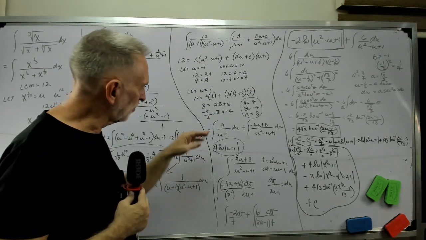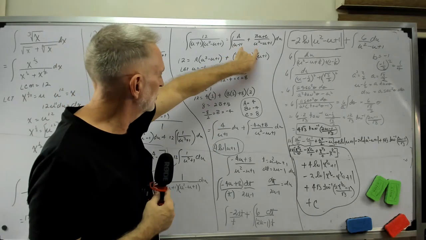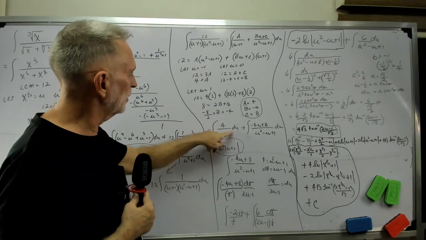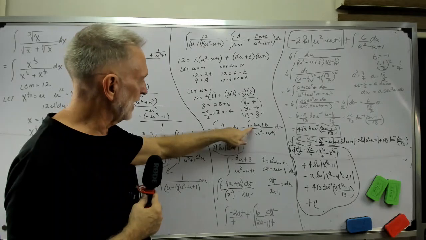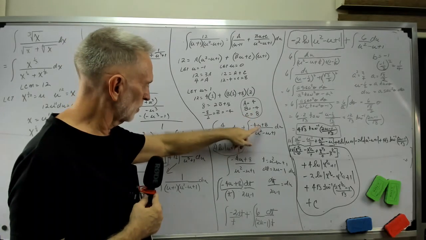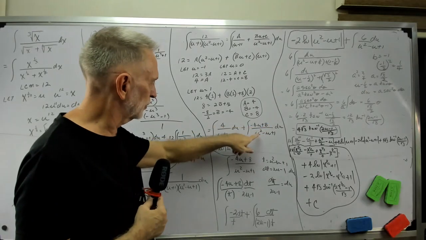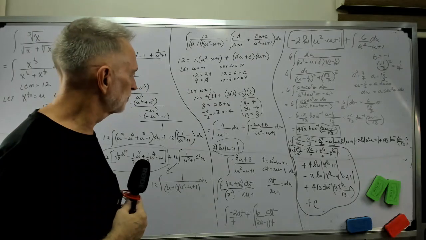So now I can plug in the blanks back into this equation here. So a over u plus 1 du plus the integral of -4u, that's b, plus 8, which was c, over u squared minus u plus 1.